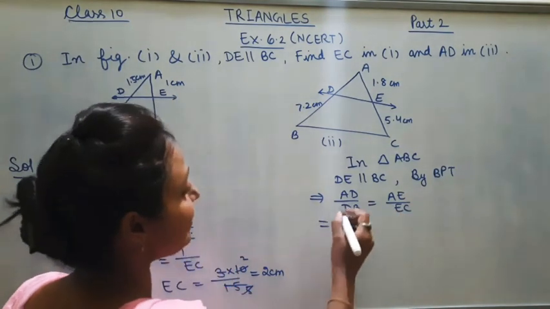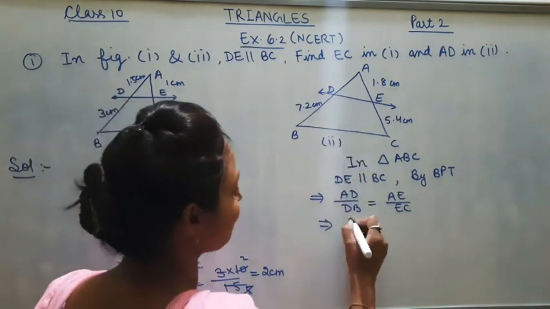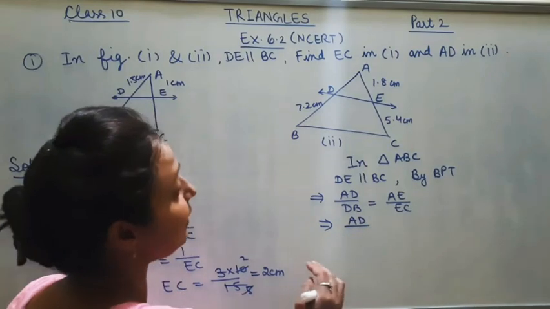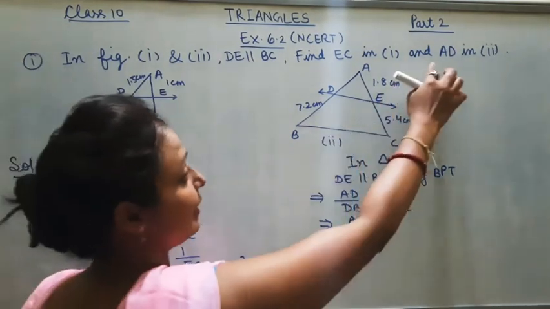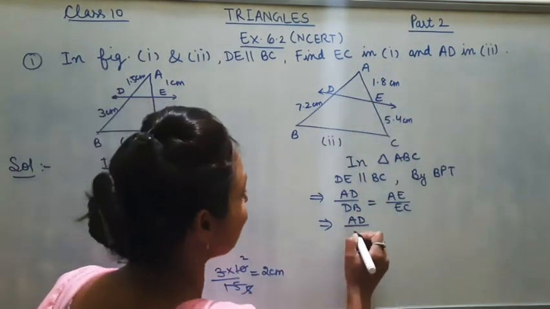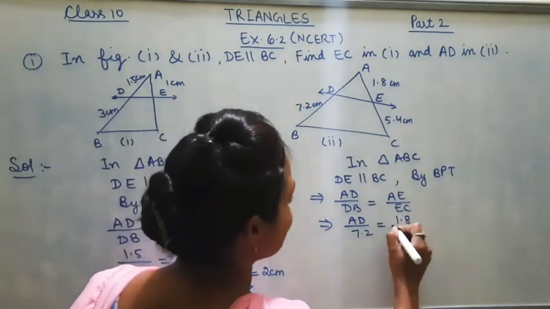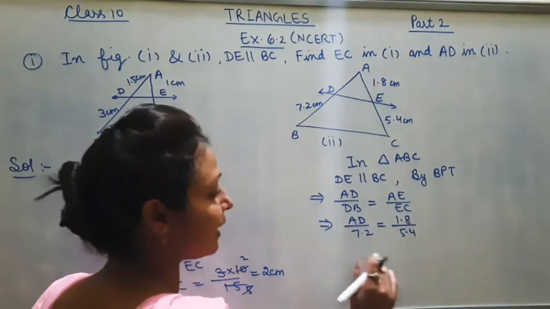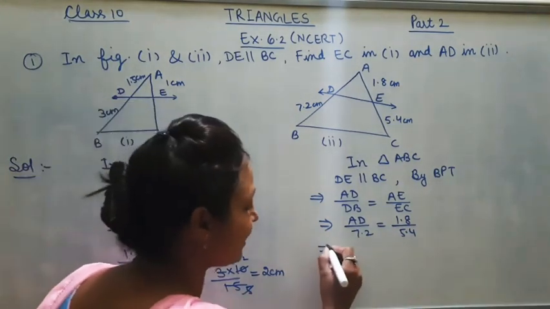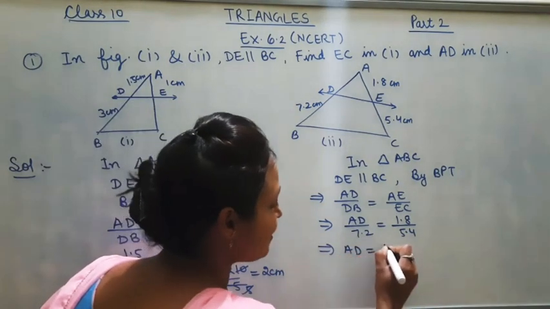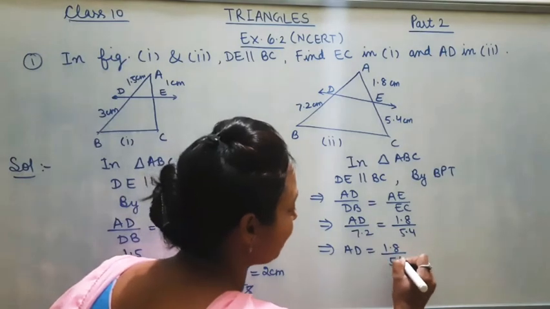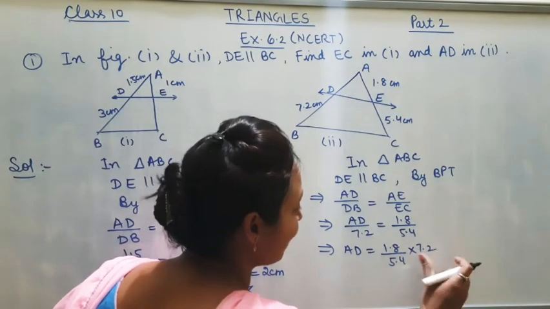I don't know AD, because we need to find AD. Then BD is 7.2, AE is 1.8 and EC is 5.4. So I will take 7.2 to the right hand side. AD is equal to 1.8 upon 5.4 into 7.2, right?